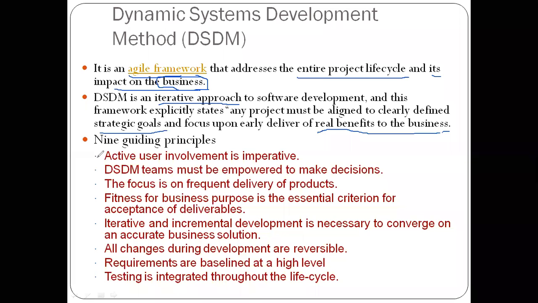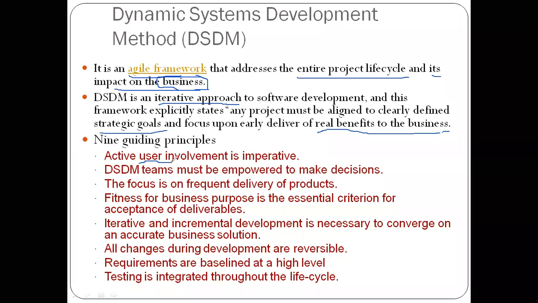And there are 9 principles in this DSDM. If we see the first one, active user involvement is imperative. I told you already, the end users are involved in this particular project development.